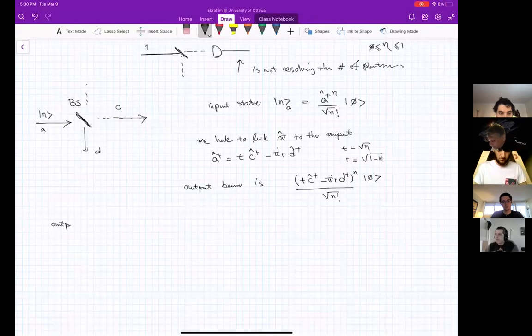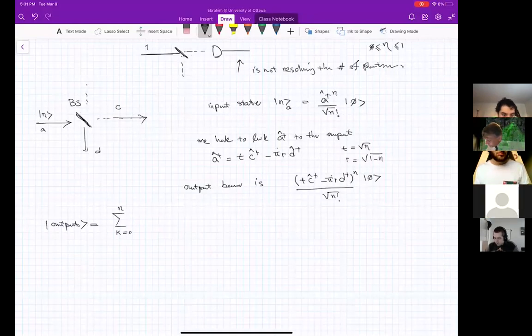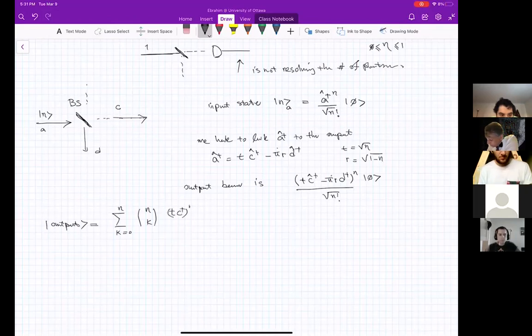So the output state is given by a summation, a binomial, Bernoulli distribution, with K changing from 0 to n of n choose K. Then I have T C dagger to the power of K, minus IR D dagger to the power of n minus K, divided by square root of n factorial, acting on vacuum.